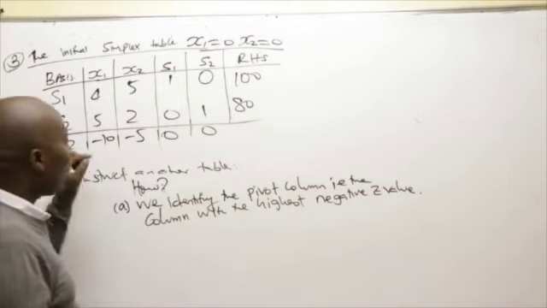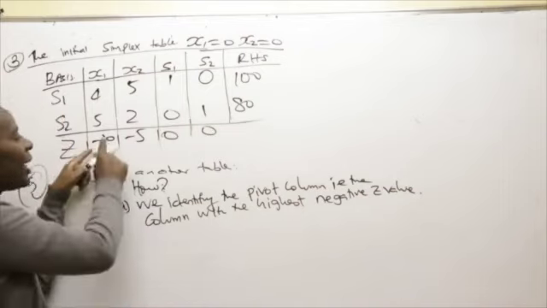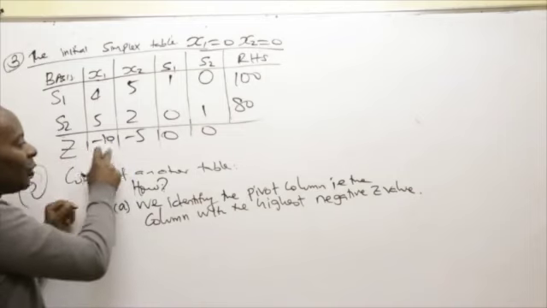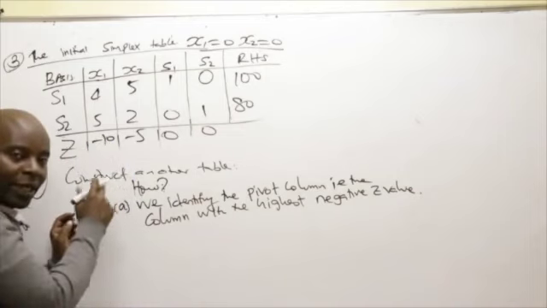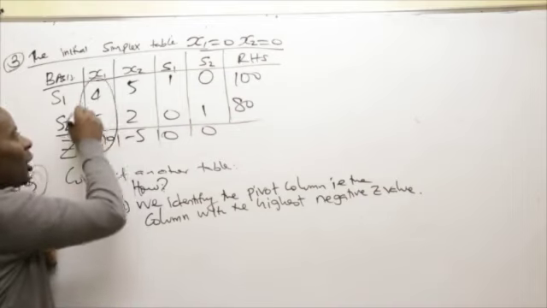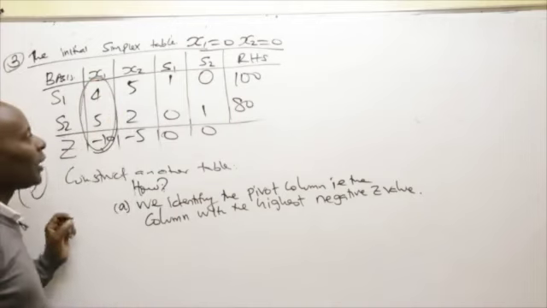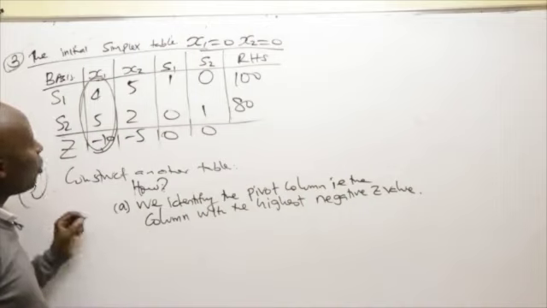Our highest negative is quite literal. We're looking at the highest negative. In this particular case, our highest negative will be negative 10. So you mark this, and when you mark this, ladies and gentlemen, it means that this is our pivot column. You circle it like that. So this is the pivot column.